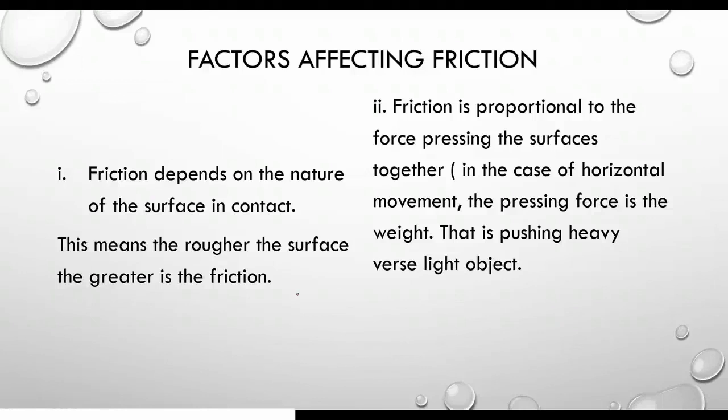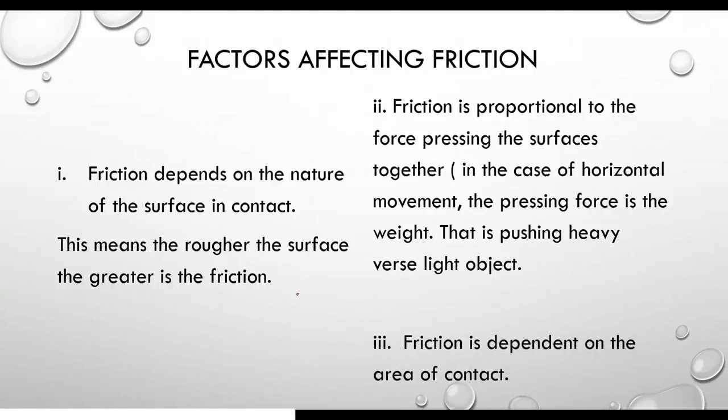That is, in the case of horizontal movement, the pressing force is the weight, so heavy versus light objects. Then the third one: friction is dependent on the area of contact. So these are the factors that affect friction.